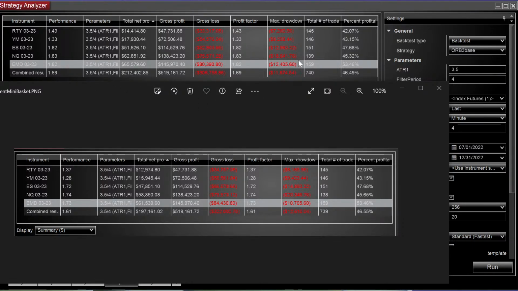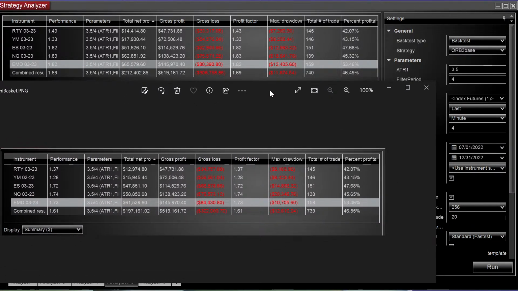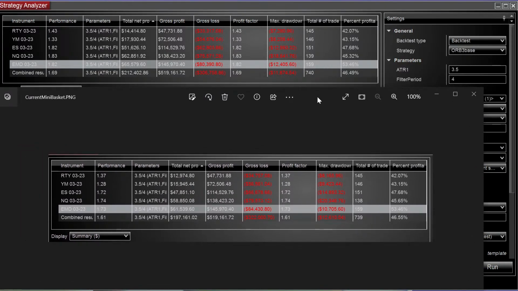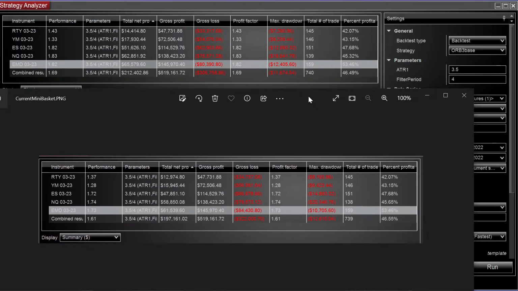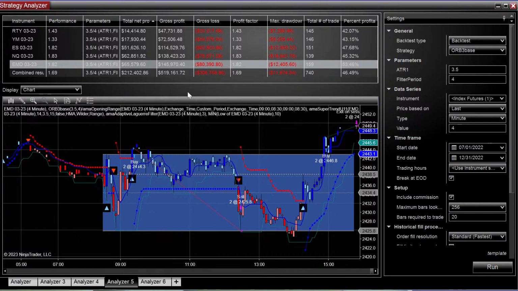ES, more profit, less drawdown, higher profit factor. NQ, I mean, it's across the board. All it's doing is preventing us from taking those giant losses on those red candles. So, really cool. Before I go test it on the main basket, what were you gonna say, Gold?